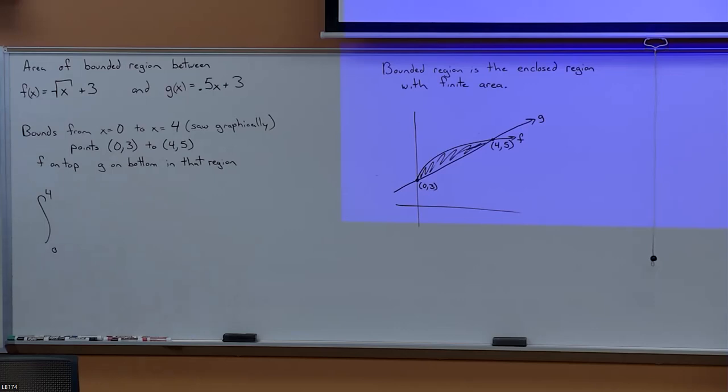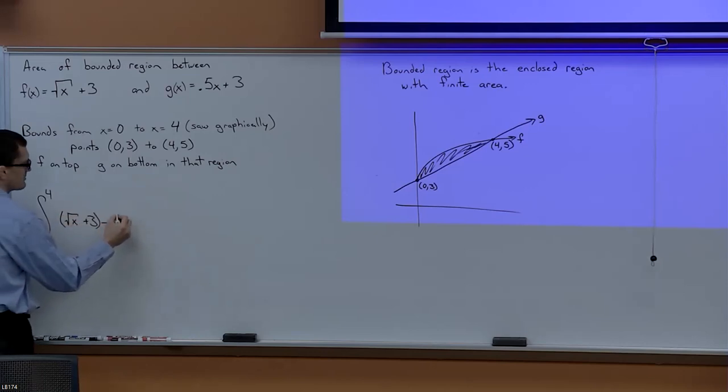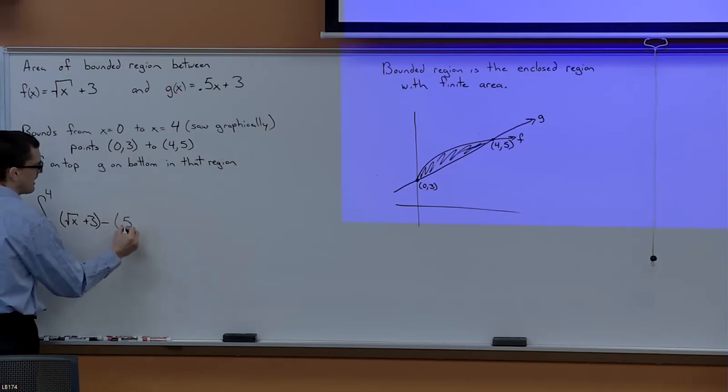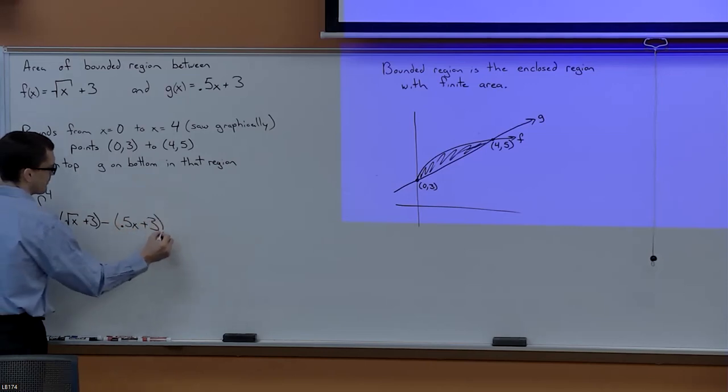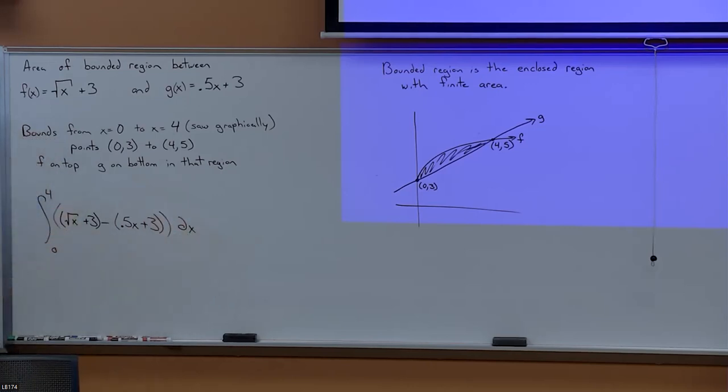So my setup is going to be an integration from 0 to 4 of square root of x plus 3 minus the quantity 0.5x plus 3, all integrated with respect to x.